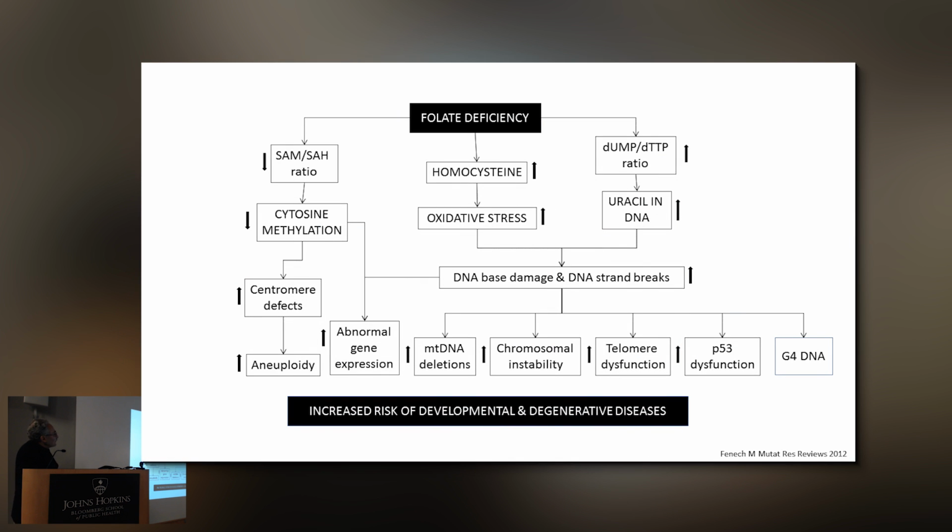Now, if we take folate deficiency, in fact we can take any nutrient and go into great detail, but why would folate deficiency cause DNA damage? There's a number of reasons. There's a reduction in the SAM-SAH ratio, reduced cytosine methylation. Reduction in cytosine methylation will cause centromere defects.